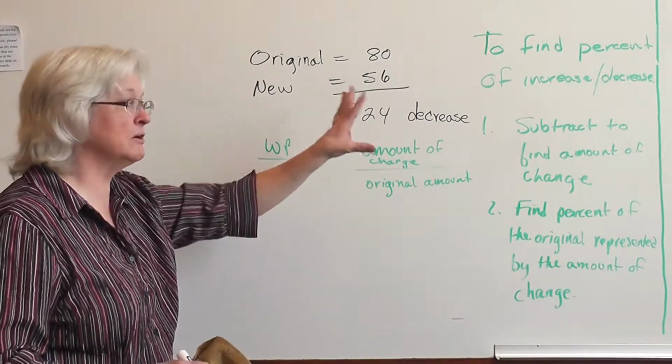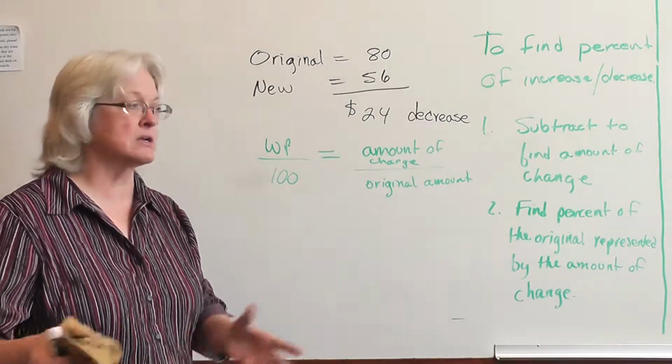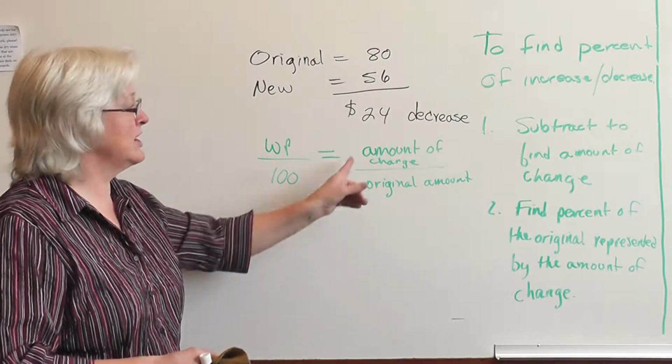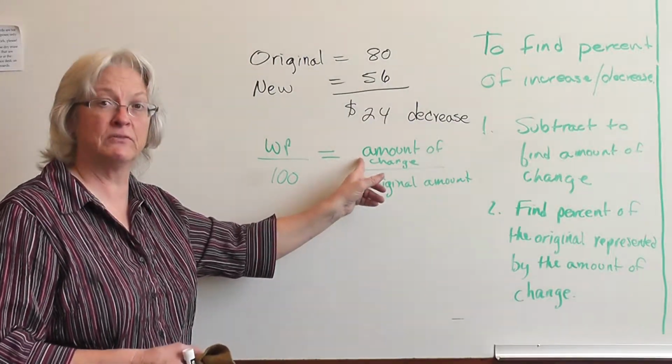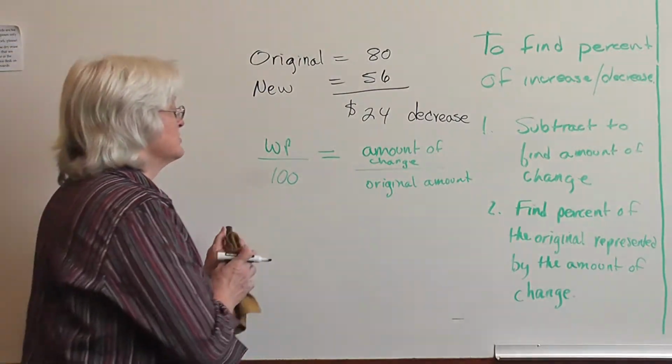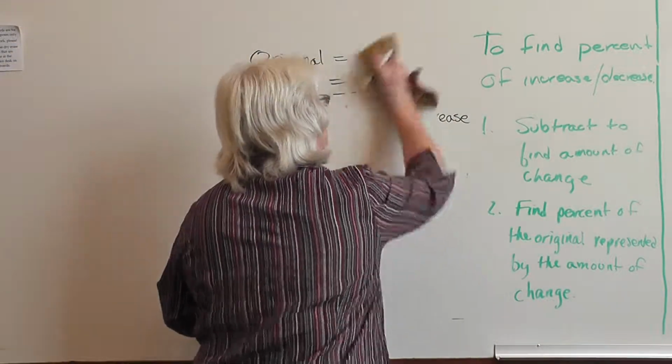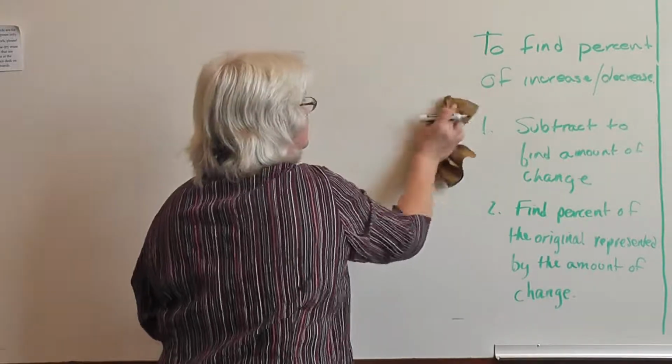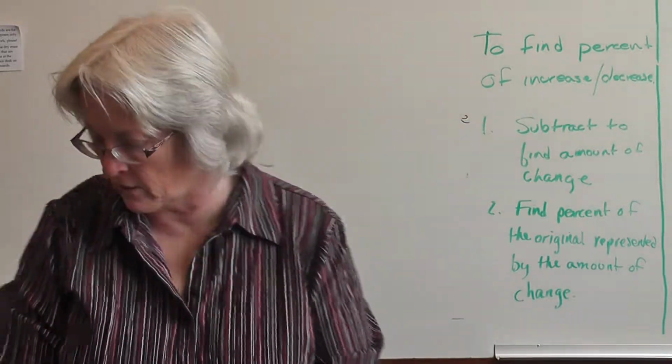Typically, they're going to say, here's the old price, here's the new price. What is that percentage of change? You have to figure out how much the amount of the change is before you can find the percentage of change. So let's go ahead and do one more problem. Just pick one from our book.